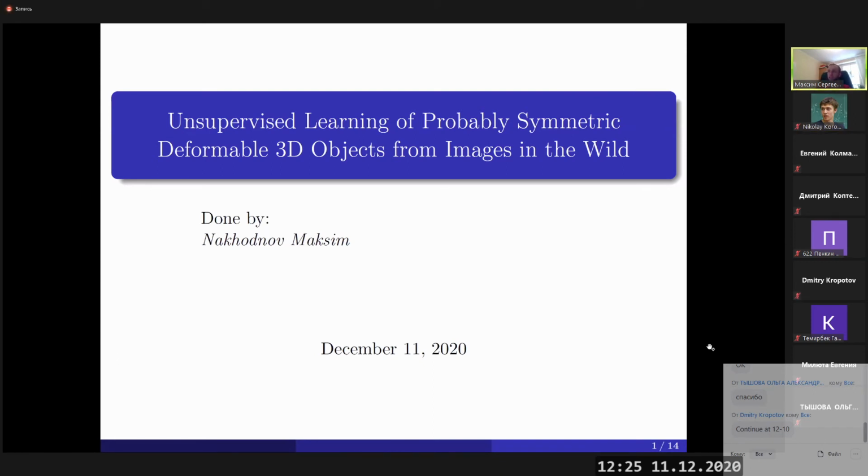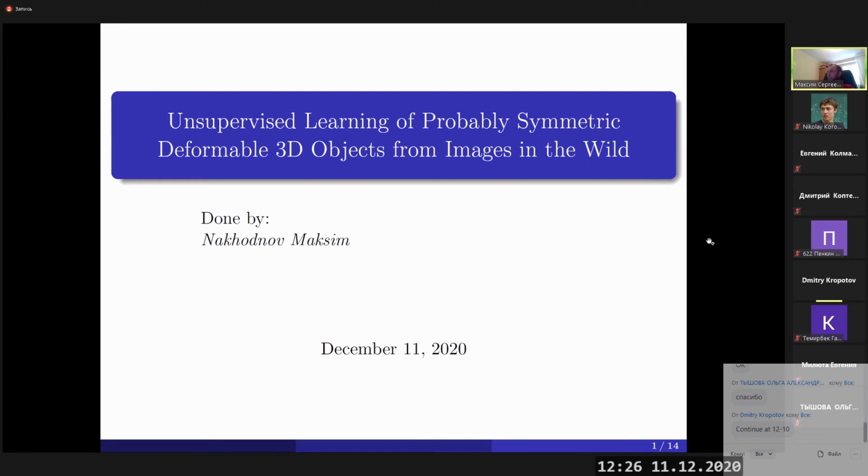Okay, today I would like to tell you about the paper "Unsupervised Learning of Probably Symmetric Deformable 3D Objects from Images in the Wild". The main goal of this paper is to recover a 3D image from a 2D RGB image.